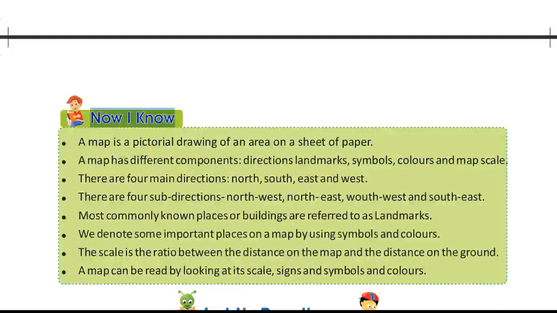Now I know. A map is a pictorial drawing of an area on a sheet of paper. A map has different components: directions, landmarks, symbols, colors, and map scale.